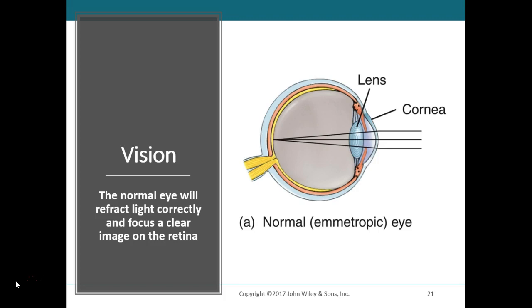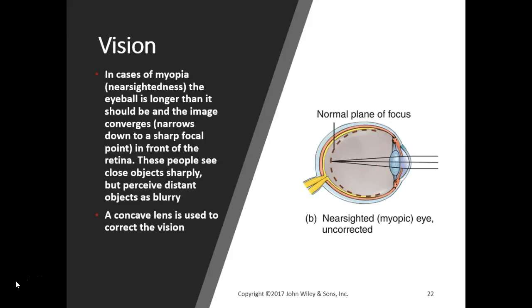The image is going to be focused clearly on the retina, but many people can't do that. So when you hear of 20/20 vision, that means someone with perfect vision can see at 20 feet. However, not all vision is perfect.